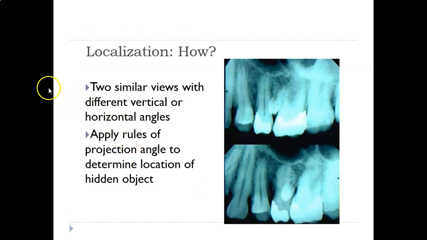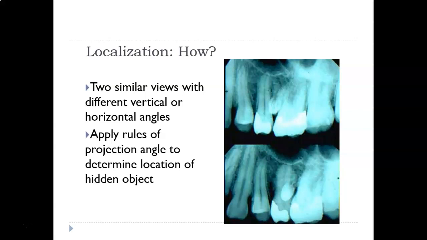So how does this work? If we take two images, two similar views, but with different vertical or horizontal angulations, and we apply this rule that we'll talk about, it will help us determine something.